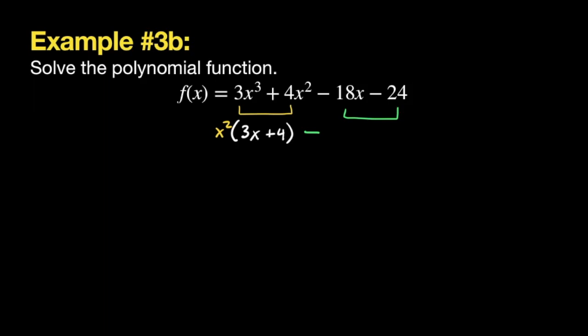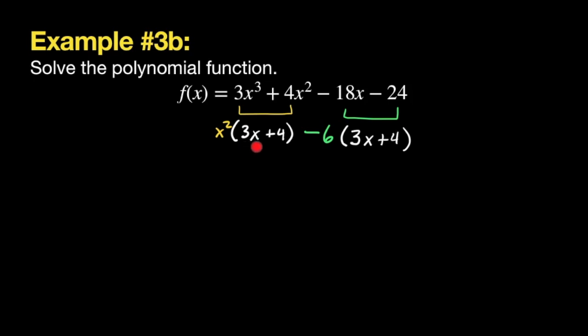They're both divisible by 2, but if you factor out 2, you end up with 9x minus 12, and that's not what we're looking for. We're looking for 3x plus 4. So I'm going to factor out a 6. When you factor out 6, you get 3x, and -24 divided by -6 is going to give you +4.